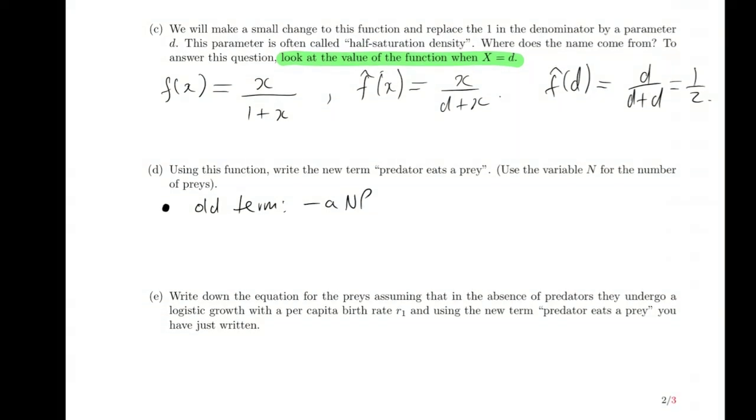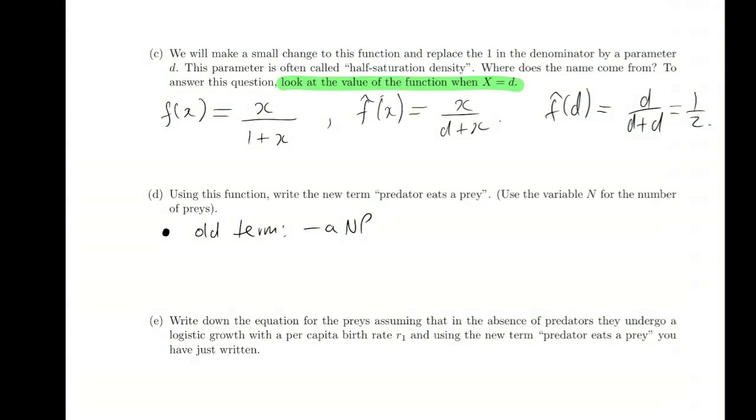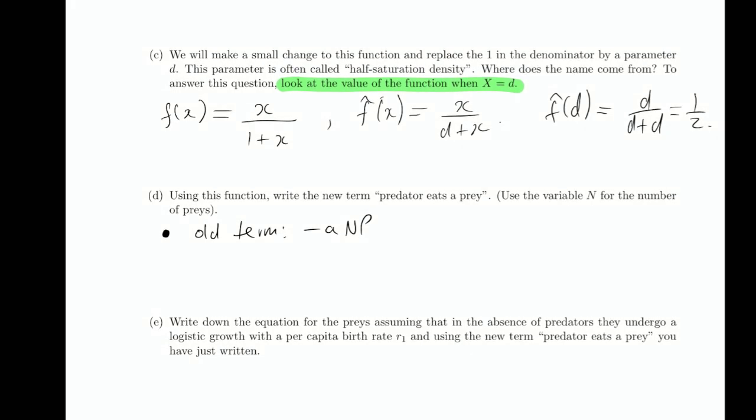And the reason why this was flawed was that as n could grow arbitrarily large, this essentially meant that the amount at which the predators could eat in a given span of time could grow arbitrarily large. And so the point of using the sigmoid function was to replace the parameter n here with something that is more realistic. And so we simply want to replace the n in the old term with our new function.